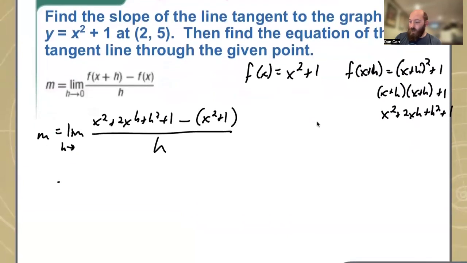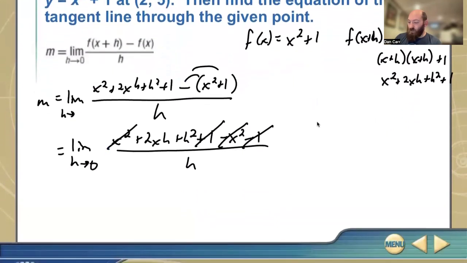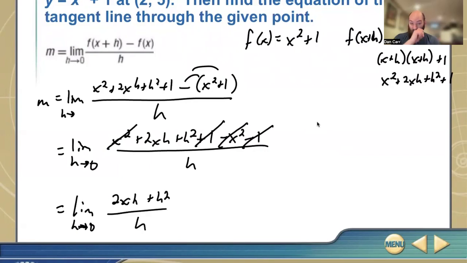Notice that if I distribute the negative sign, it turns into x squared plus 2xh plus h squared plus 1 minus x squared minus 1, all over h. Look at what we can cancel out: a positive x squared and a negative x squared, a positive 1 and a negative 1. After doing that, I have the limit as h approaches 0 of 2xh plus h squared all over h.